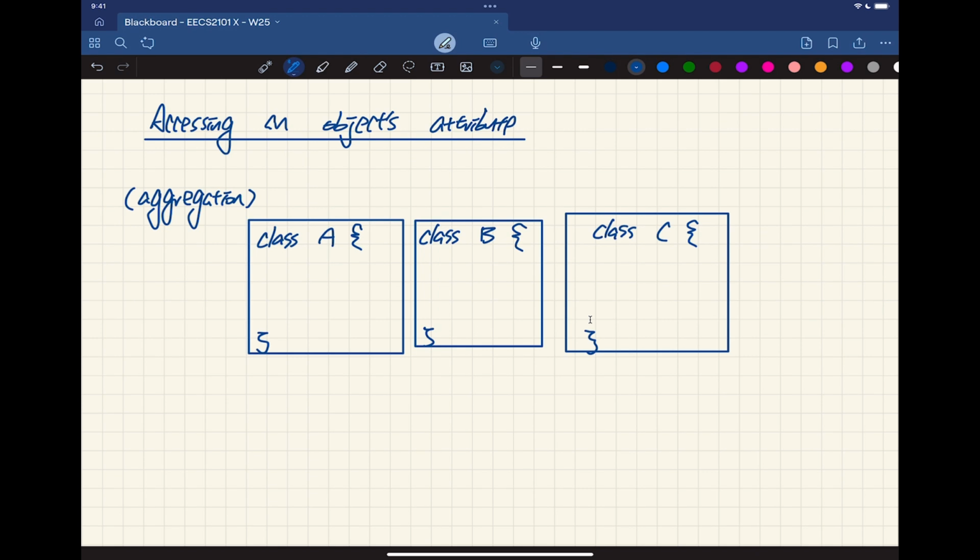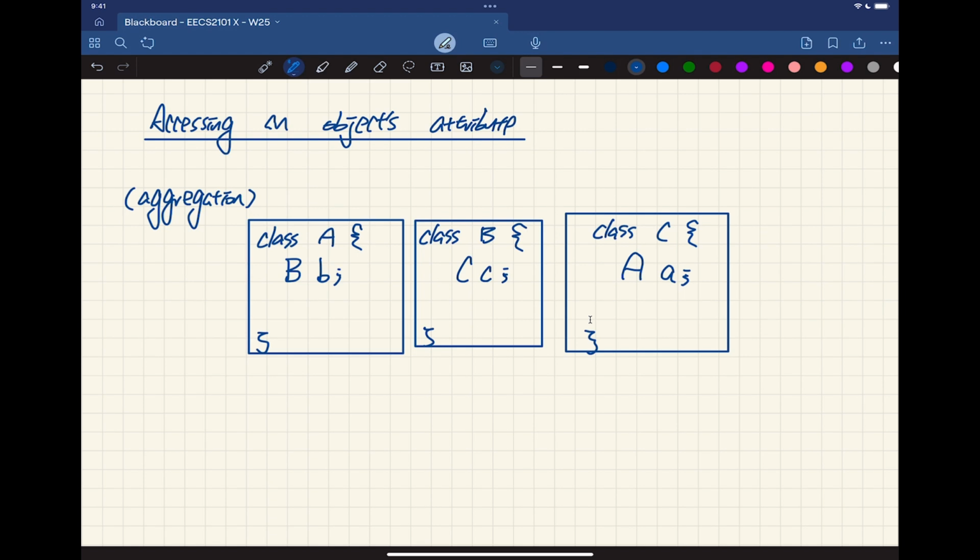Okay. Let's say in class A, we declare some attribute of type B, meaning that using B here, we can navigate to class B, because the B here matches the B there. That's what we learned earlier. And then let's say in class B, we have a C-type attribute called C, and also here we have A, and just call it A. Okay, so let's say these are the attributes set up for us.